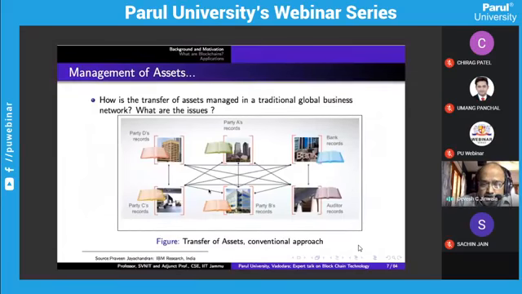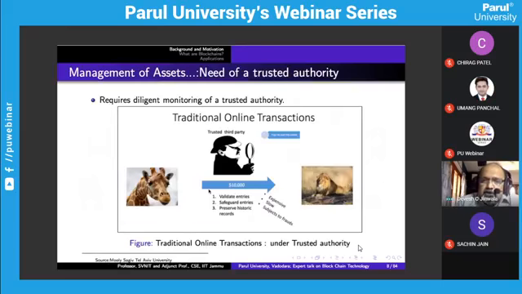But the point which I'm trying to make here is that every party has their own record, and why should the other party believe the record which is maintained by one party. So there is a need to have the entries validated, the entries in the ledger protected, and to have historic records preserved, so that later on if there is a dispute, I must be able to trace back.